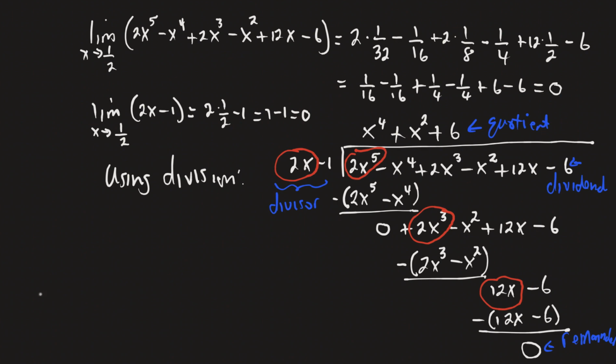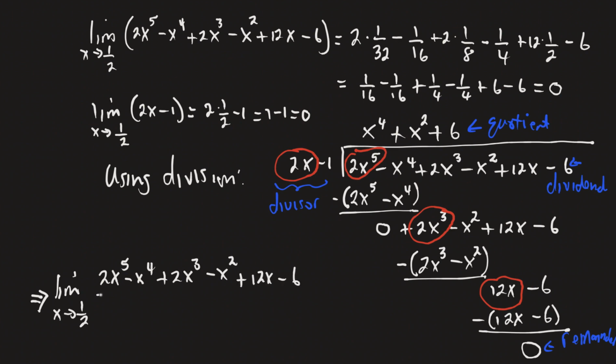So what does this mean? It means that our original limit, right? In fact, let me write it down again. It's not fun to write it down. But we have our 2x to the fifth minus x to the fourth plus 2x cubed minus x squared plus 12x minus 6 all over 2x minus 1.